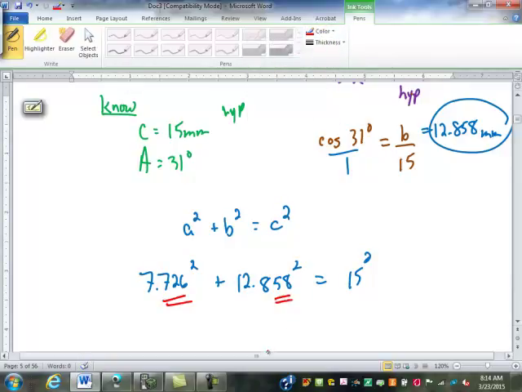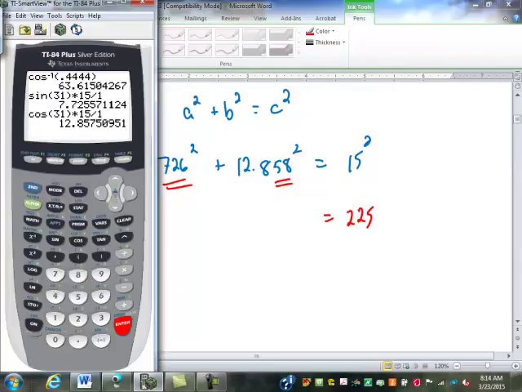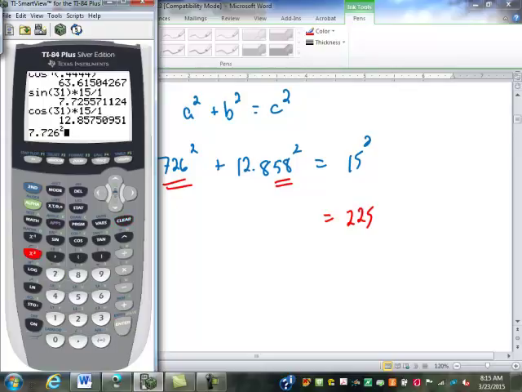Now, what I'm going to do is the 15 squared first, 225. The only reason I did that first is because there's no decimals there. It's a nice, neat little thing to square. And now I'm just going to use the calculator on this other part here. 7.726 squared plus 12.858 squared.